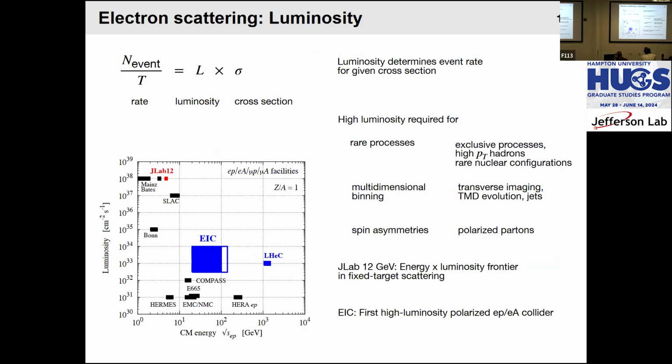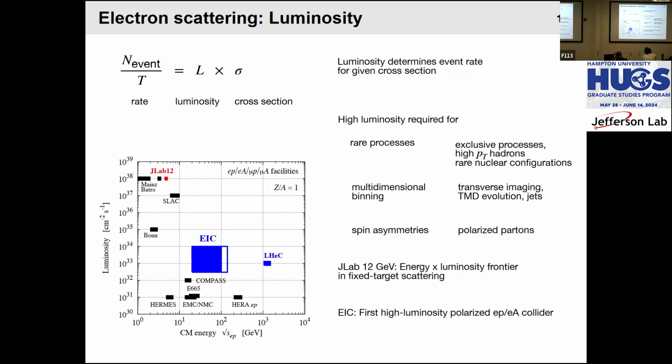Now we come to another important quantity, which is luminosity. So luminosity determines the event rate you get with a certain setup with a given cross section.